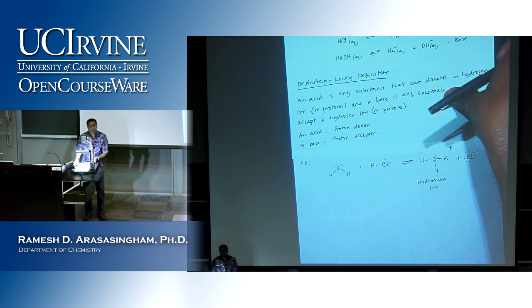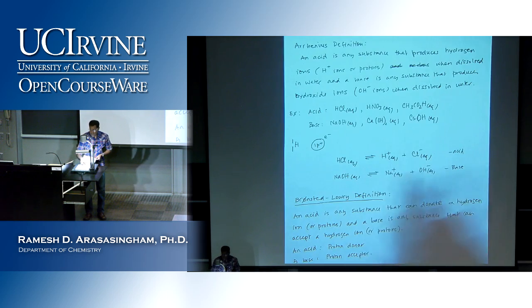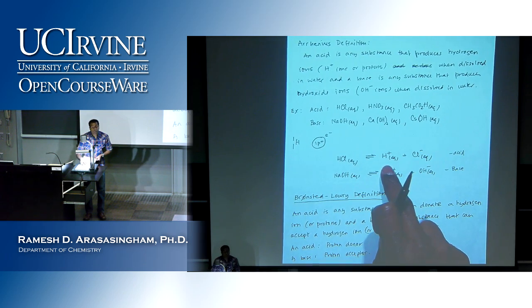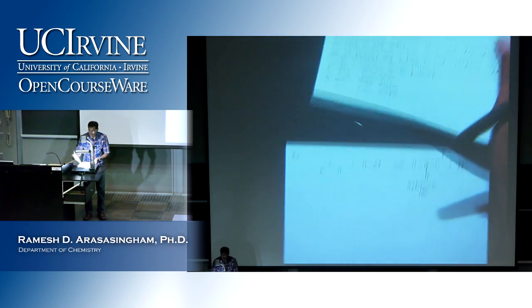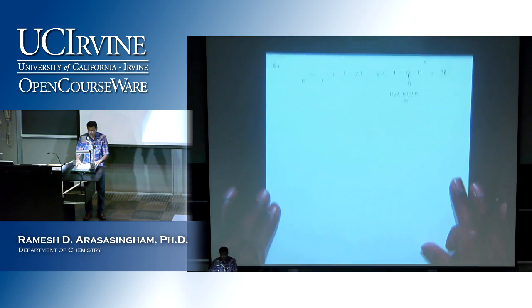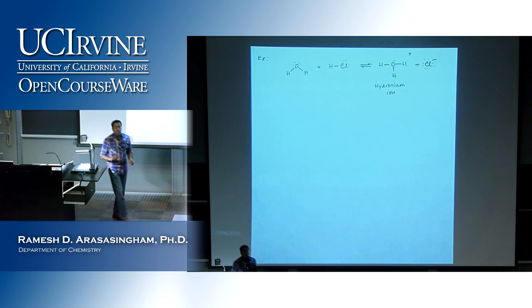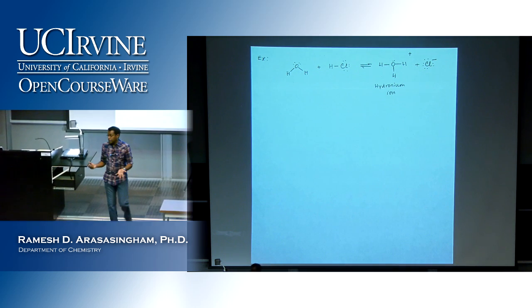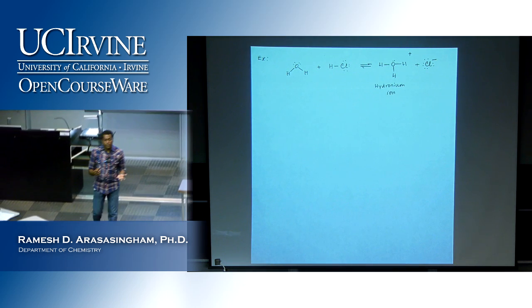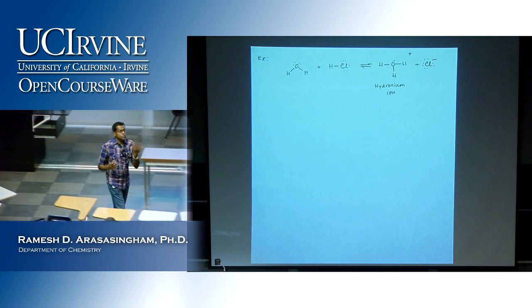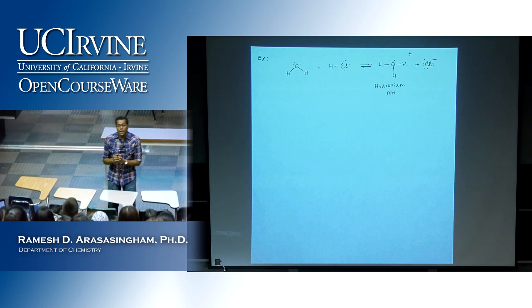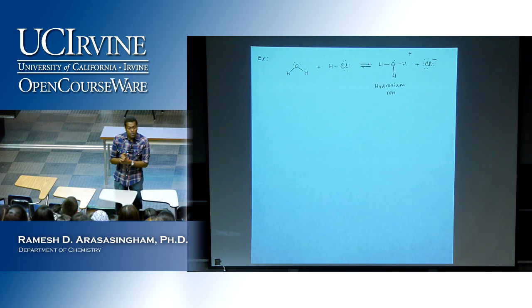Okay? Now, it's important to remember that in the Arrhenius definition, we said it produces H plus ions. All right? In reality, if you're in water, H plus ions do not exist on their own. Strictly speaking, you can't have H plus ions on their own because the H plus ion actually sticks to a molecule of water and gives you a hydronium ion.